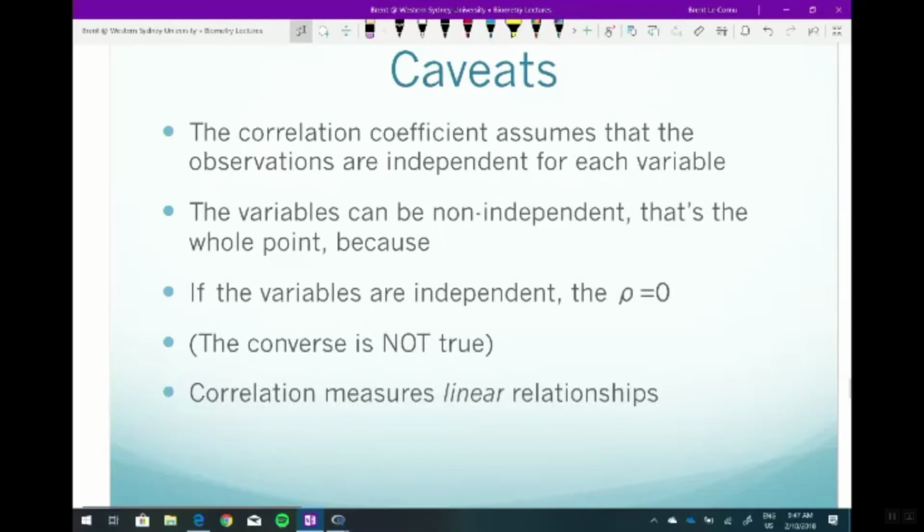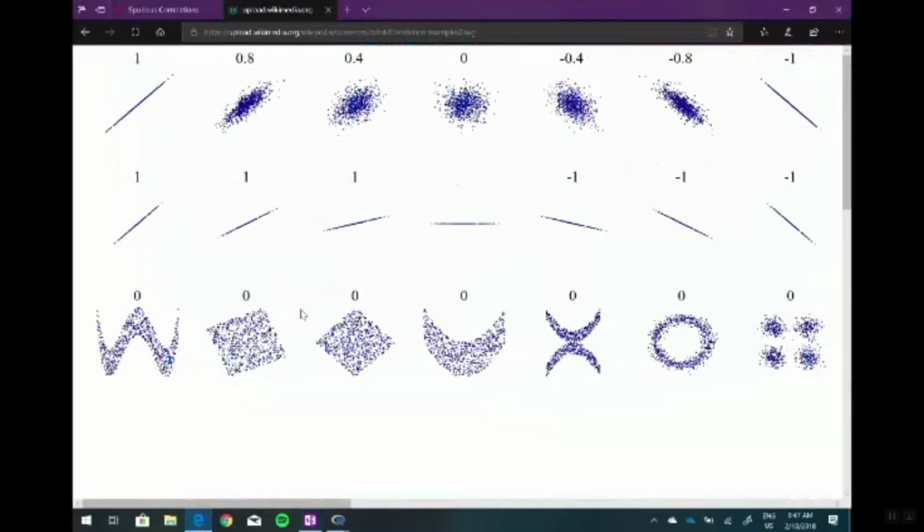If the variables are completely independent, then your correlation will be 0. There's no relationship between them, okay? However, the converse is not true. Just because the correlation is 0 doesn't mean that the variables are independent. You saw plenty of examples of that. Right? All of these guys, the correlation coefficient is 0, but I would not say that those variables are independent if I got scatter plots that looked like that. Okay?